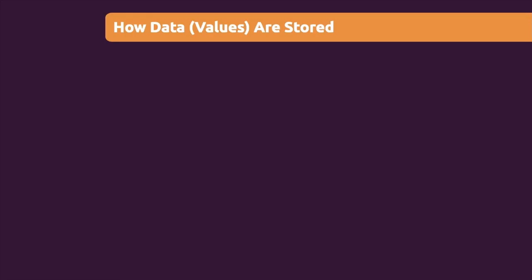Now, to answer the question what pointers are and why we have them, we first of all need to take a step back. We need to look at how data, values that we work with in our code are being stored. And here, an important thing to notice and keep in mind is that values, so strings, integers, floats, and so on, are stored in memory, in your computer memory.